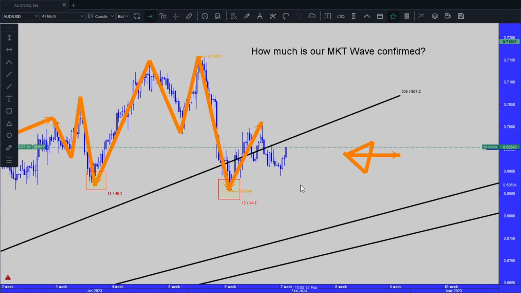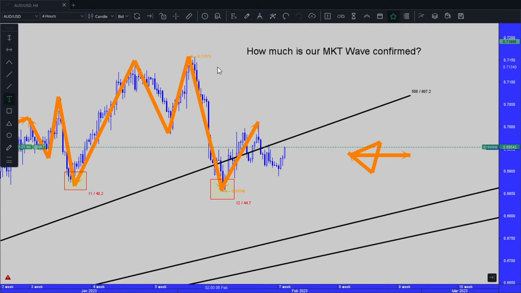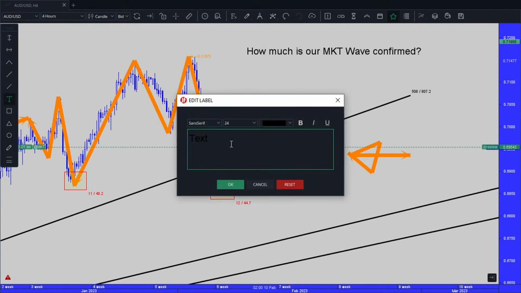What does this mean to a trader, everybody? Okay, what does this mean to the trader? Should you enter the market?